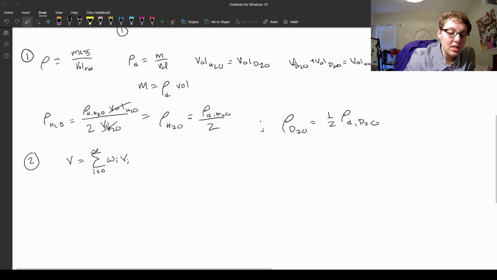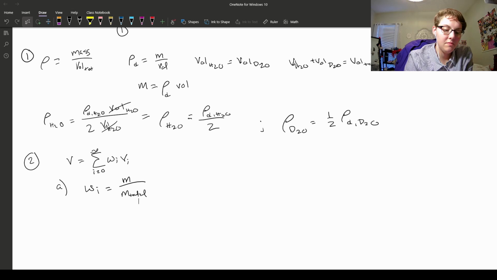Let's start out with the mass fraction. The mass fraction is the mass over the total mass. As we said before, we've already defined that mass is equal to the density of the material times the volume of the material. So we're going to just stick that into our equations.